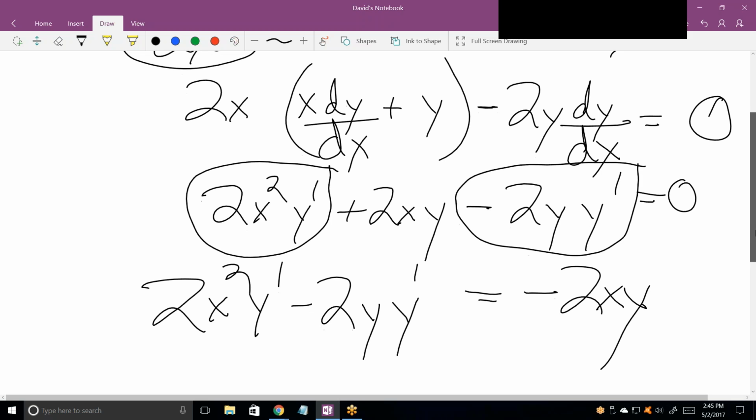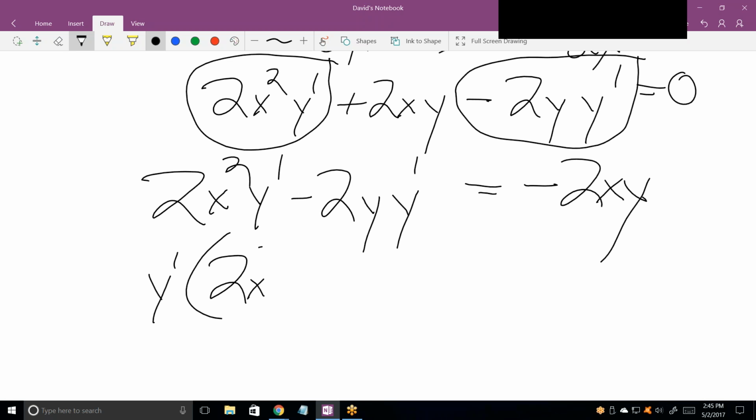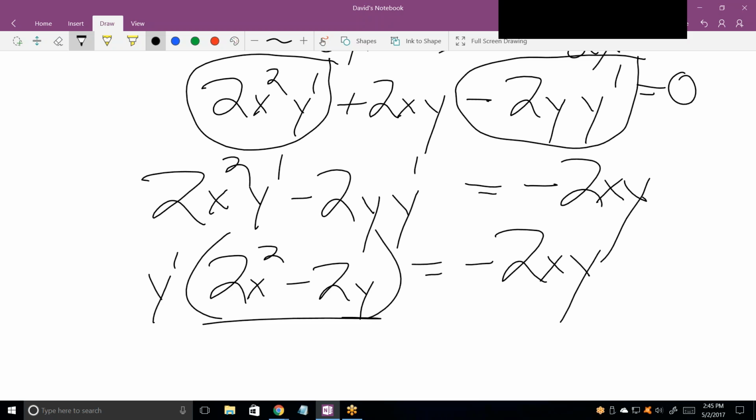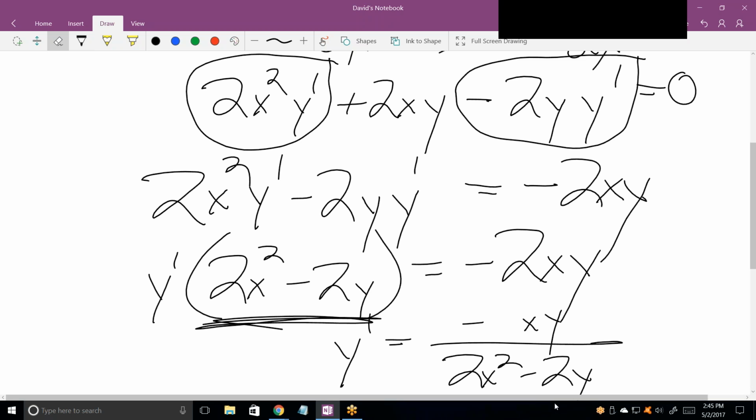These are difficult until you figure out how to do all of them, and then they're always the same. You factor out y prime, leaving behind 2x squared minus 2y equals minus 2xy. Now you divide by that coefficient. So you get y prime equals minus 2xy divided by 2x squared minus 2y. You can certainly divide top and bottom by 2. That's what you get.